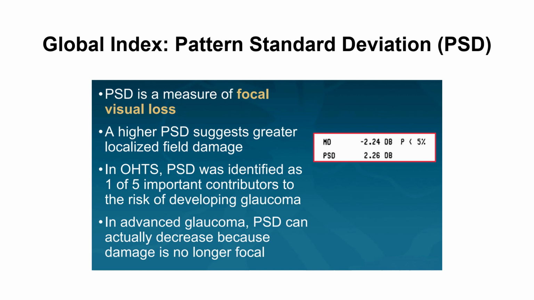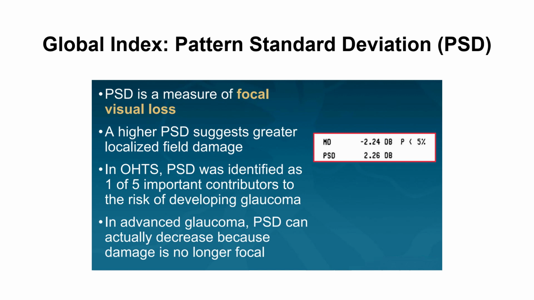However, in normal patients or in a severely affected visual field, they will have a low pattern standard deviation, because in advanced glaucoma the PSD can decrease, as the damage is no longer focal.